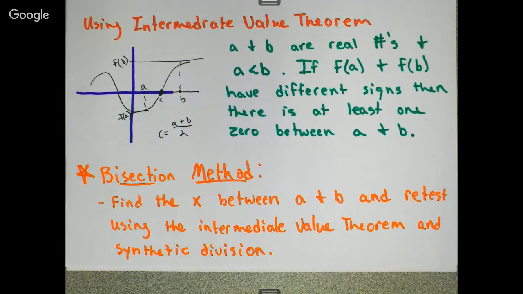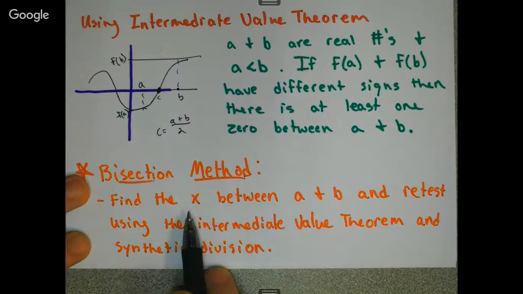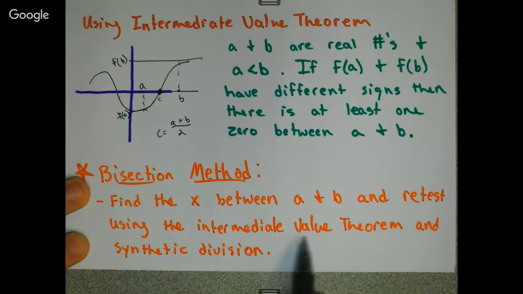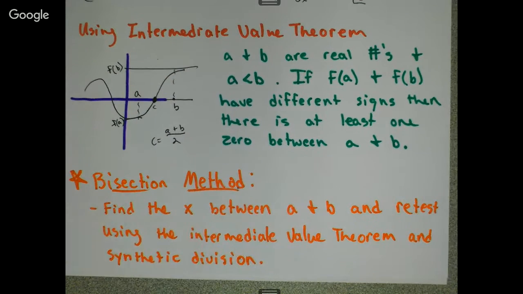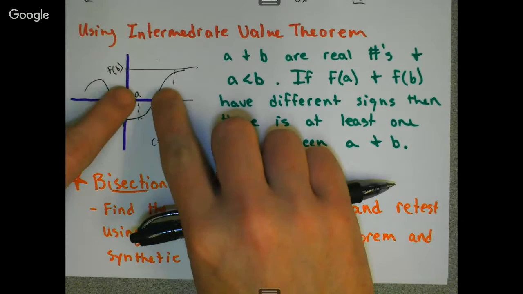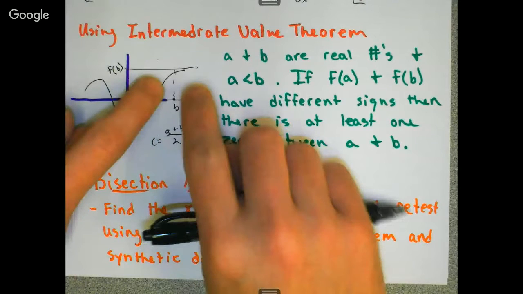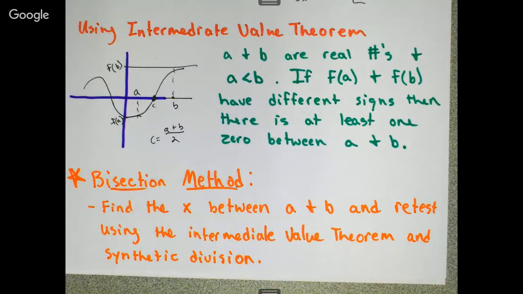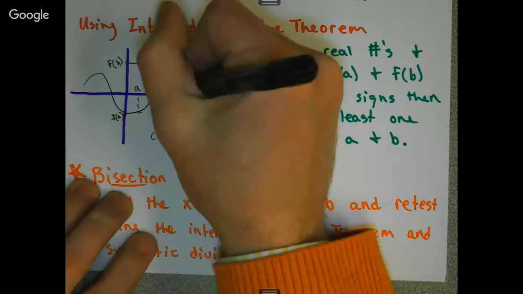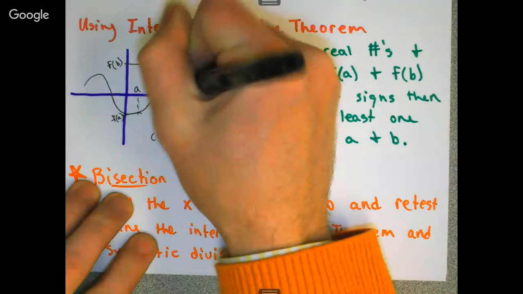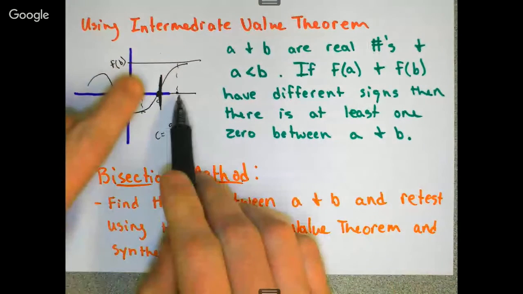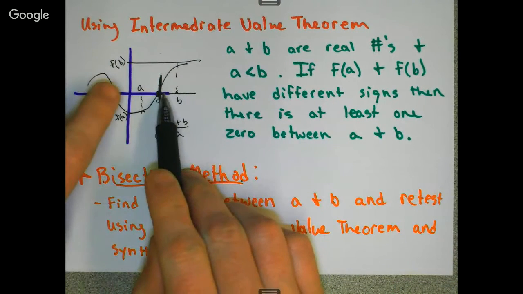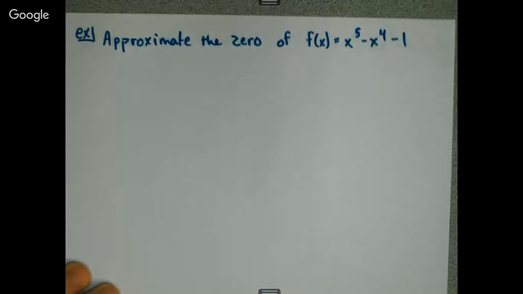So you find the x between A and B and retest using synthetic division and the intermediate value theorem. Now I see whether it is between this gap, or this gap, or whether C is the 0. C might be right next to it, so then these will have the same sign and these will have opposite signs. That's what we're going to look at next.